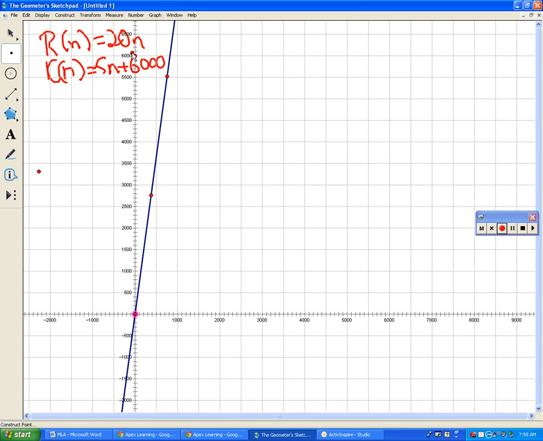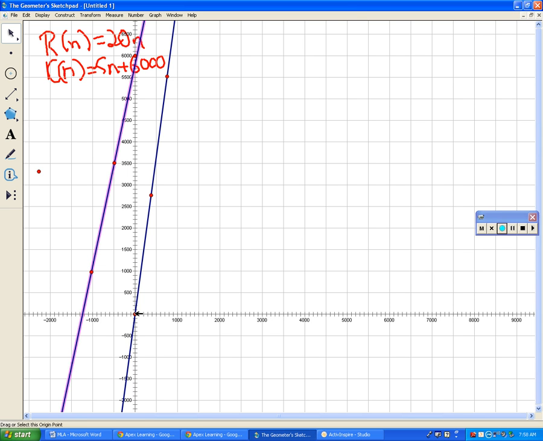So from this point I would go up 5 and over 1, but I've begun my graph then. So from here instead I'm going to go down 5, 1, 2, 3, 4, 5, and over 1. And down 1, 2, 3, 4, 5, and over 1. And so what you're trying to do is figure out where these two graphs cross. And that's going to be way up there somewhere.